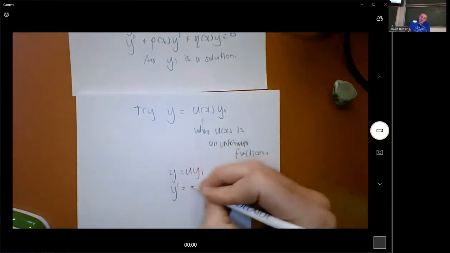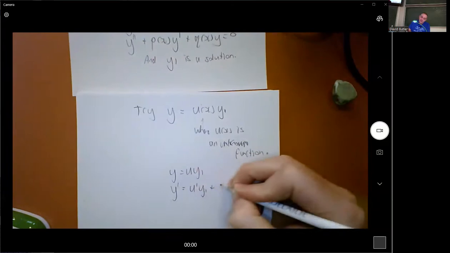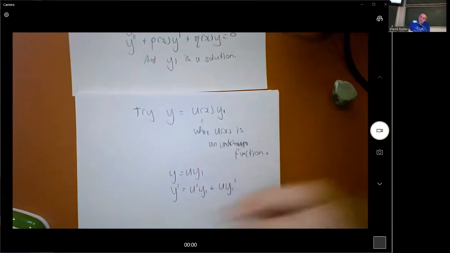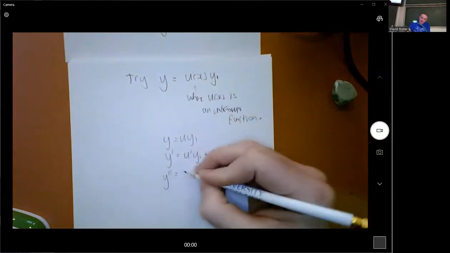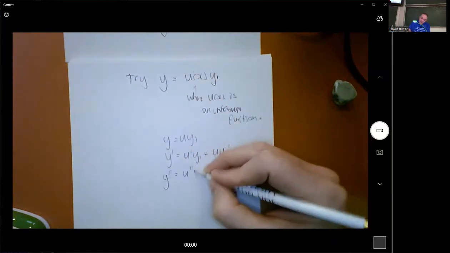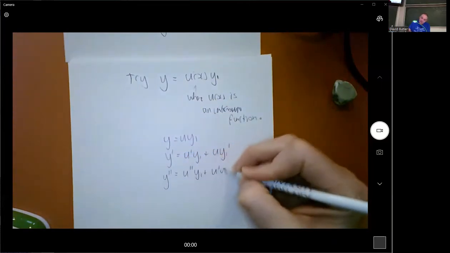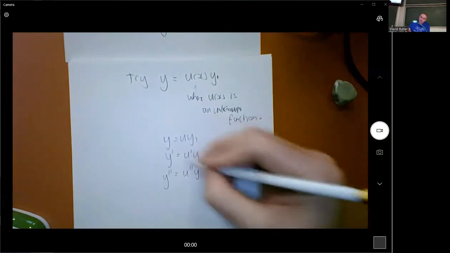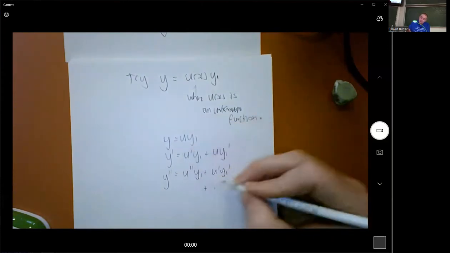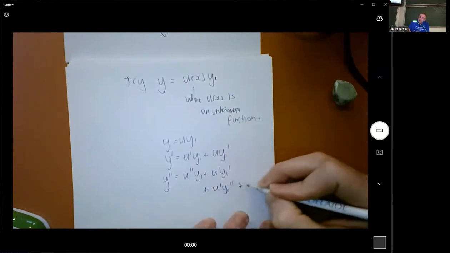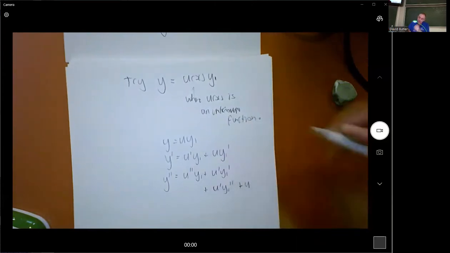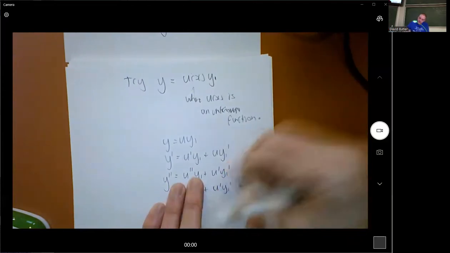y dashed is u dash times y1 plus u times y1 dashed because of the product rule. And y double dashed is u double dashed times y1 plus u dashed y1 dashed, that's the derivative of this bit, plus u dashed y1 dashed plus u y1 double dashed. I just differentiated them both, didn't I?